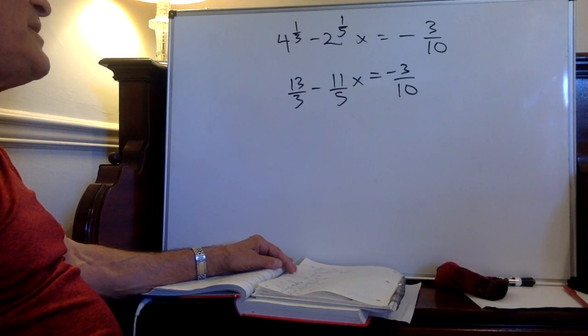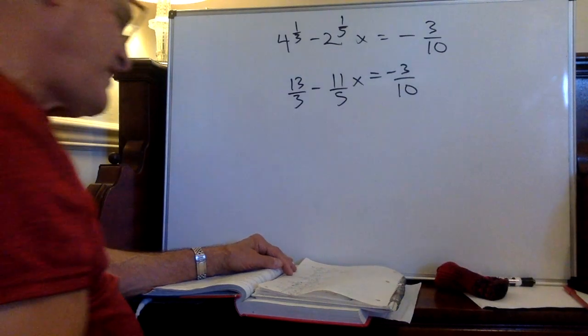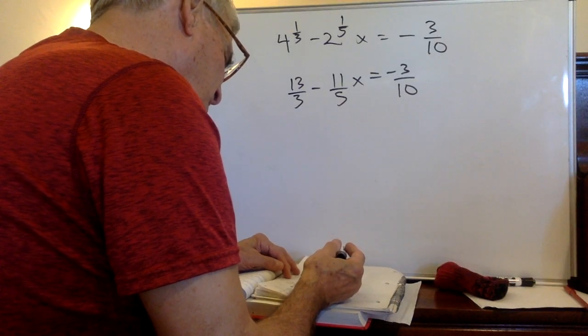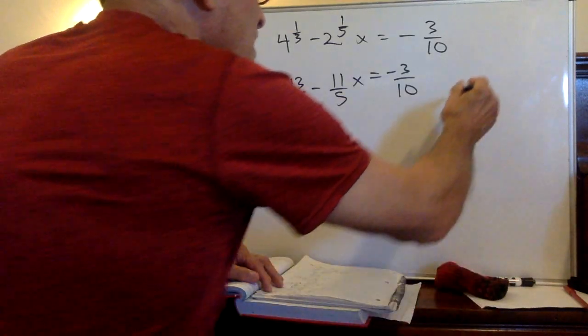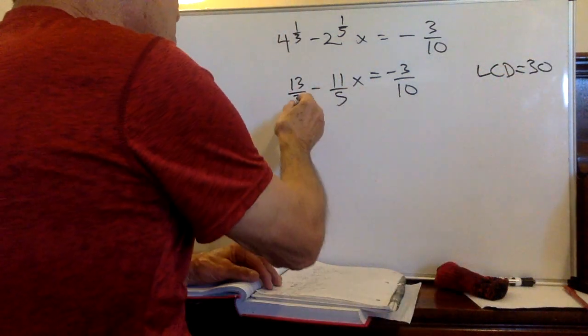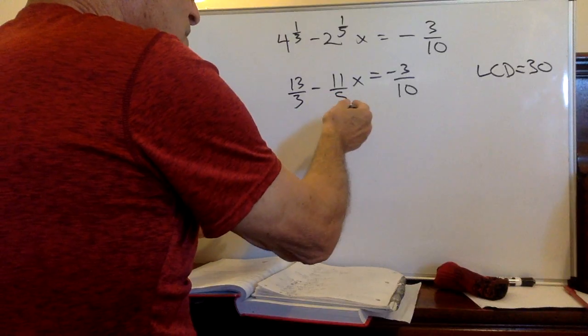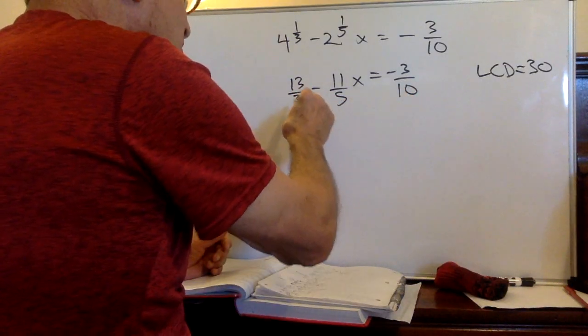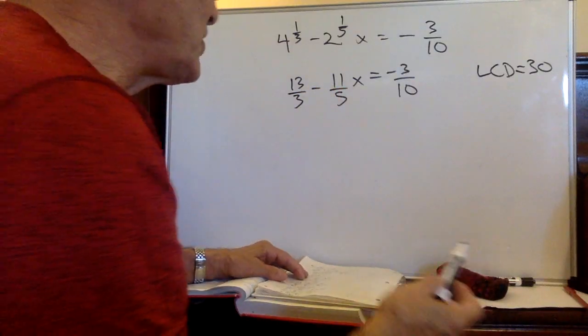The lowest common denominator between a 3, a 5, and a 10 is 30. Again, that's 3 times 1, so just 5 times 1 and 2 times 5. So the lowest common denominator is 3 times 5 times 2, which is 30.